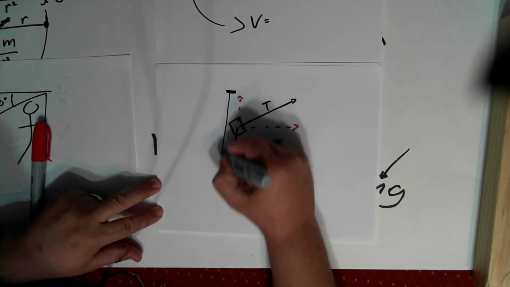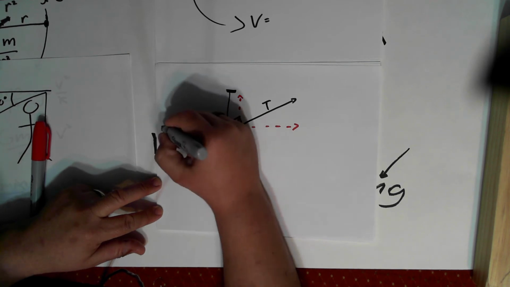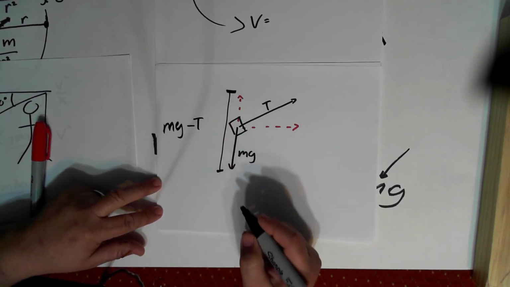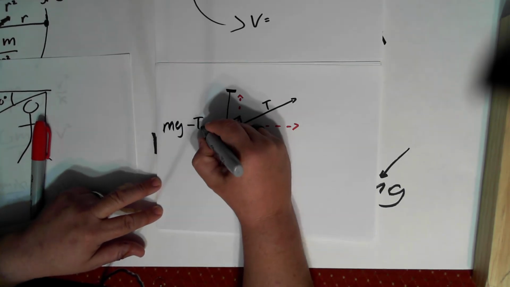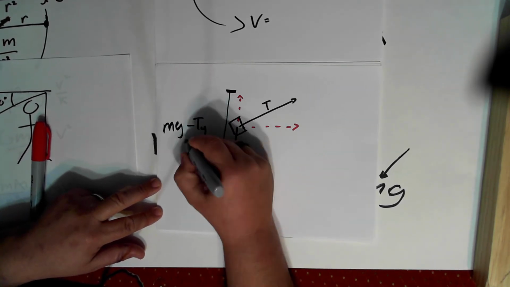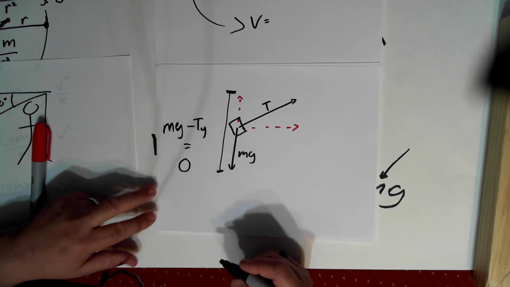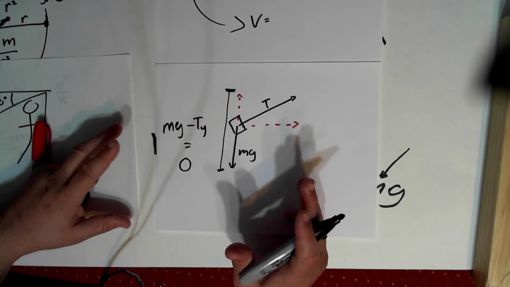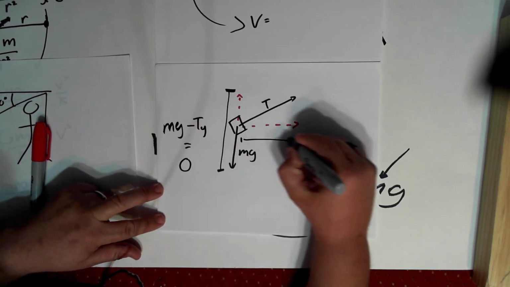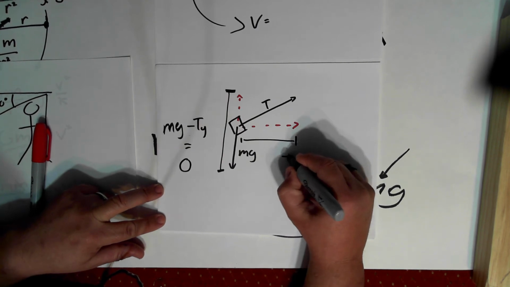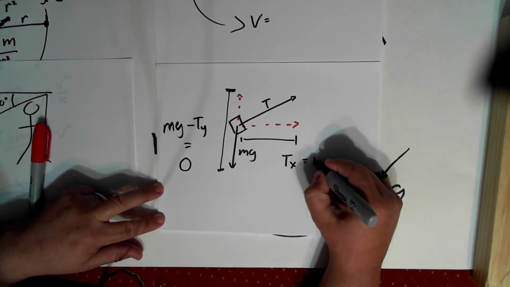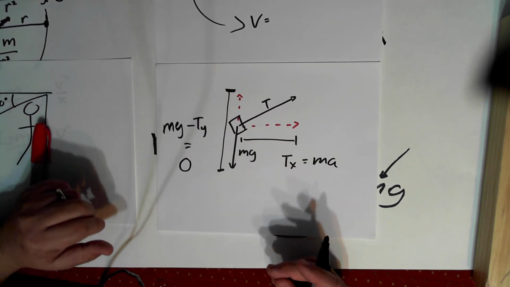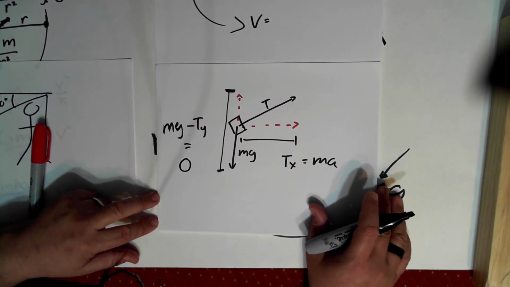I have my mg down and my tension in the vertical up, and all of that is equal to 0. There is no acceleration up or down. For the horizontal section, there's only the tension in the x, and that is accelerating. There is uniform circular motion, which means there is a center-pointing acceleration.